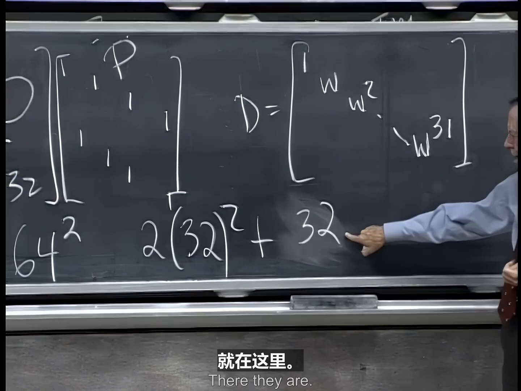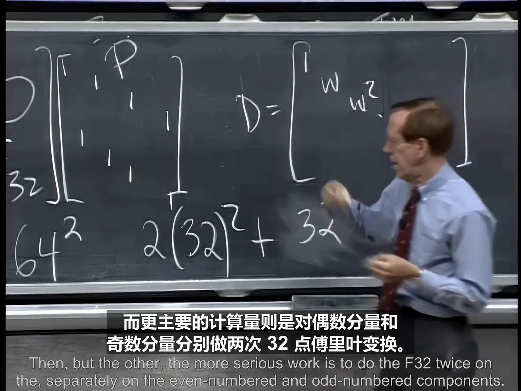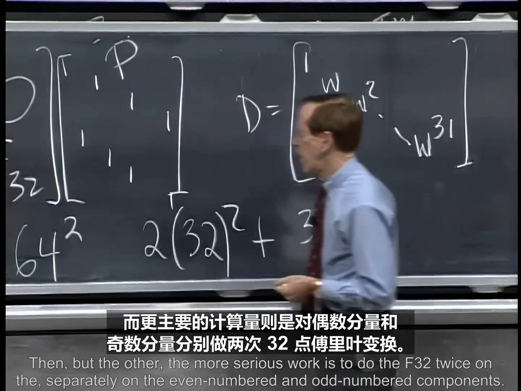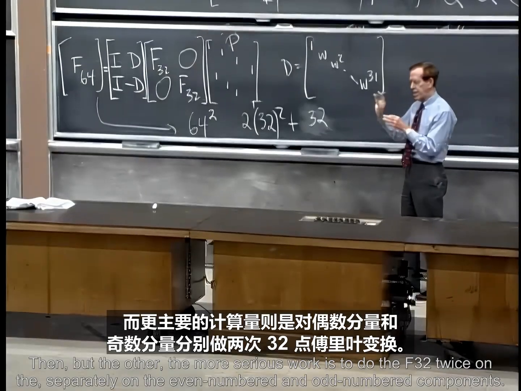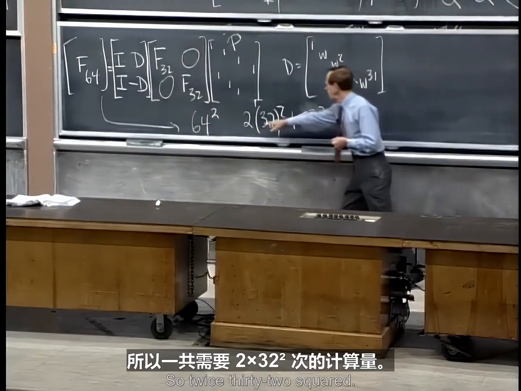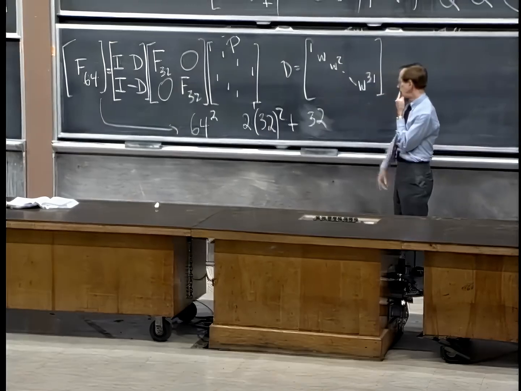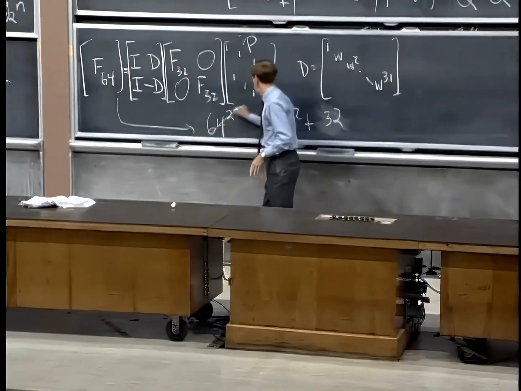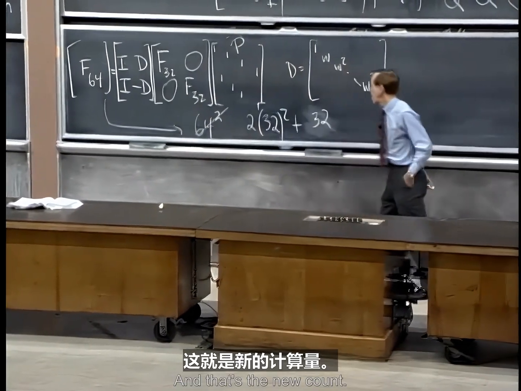There they are. But the more serious work is to do the F32 twice, separately on the even numbered and odd numbered components. So twice 32 squared. So 64 squared is gone now. And that's the new count.